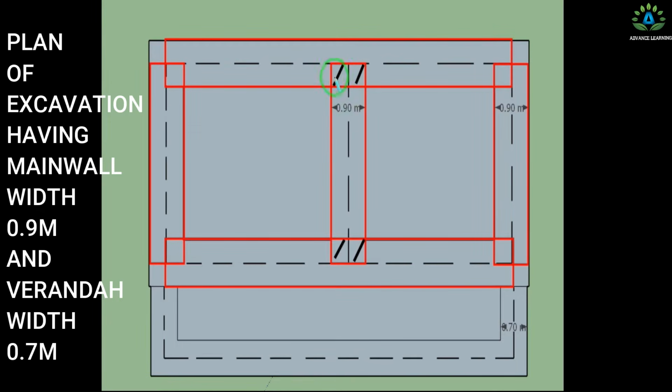So it means that we have to subtract these two number of T-junctions, and they have this width of 0.9 from this side up to this side. That means this portion will be 0.9 by 2. So we have to subtract these two number of T-junctions having the width of 0.9 by 2.